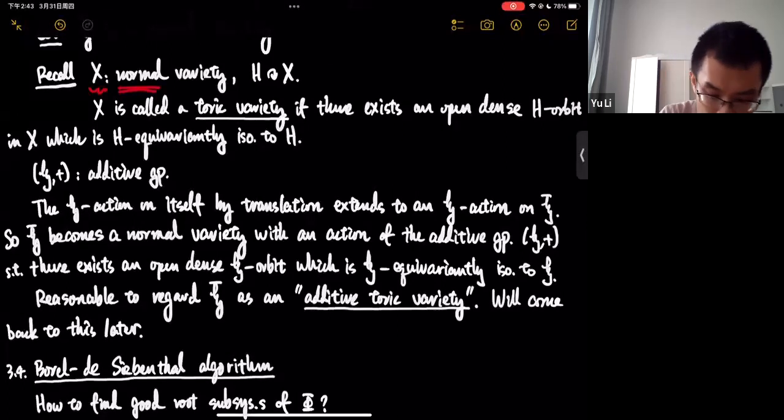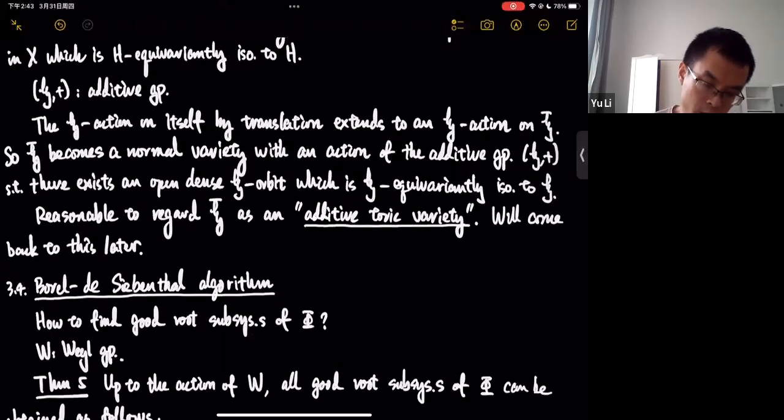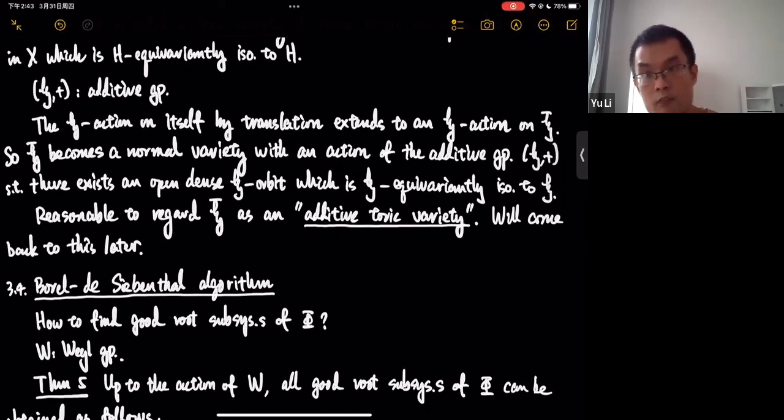So now what happens for our H bar? First, as I said, I think of H as an additive group. Now H acts on itself by translation, and this translation action extends to an action of H on H bar.